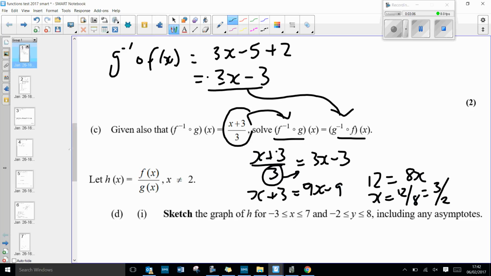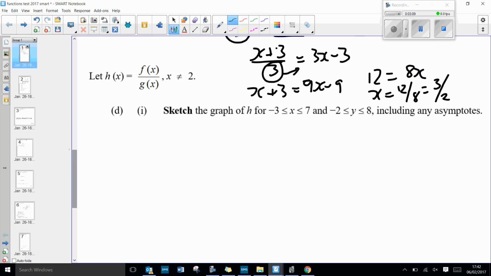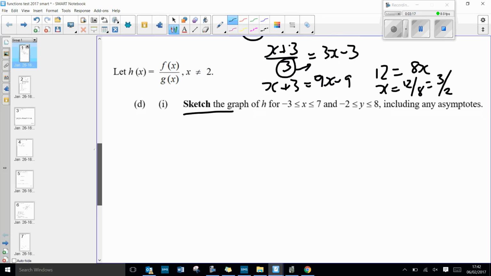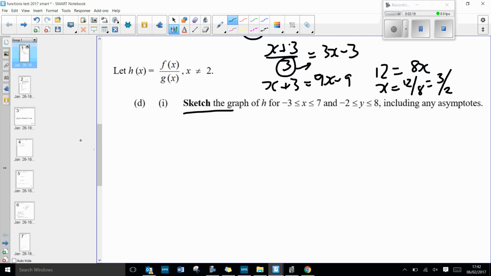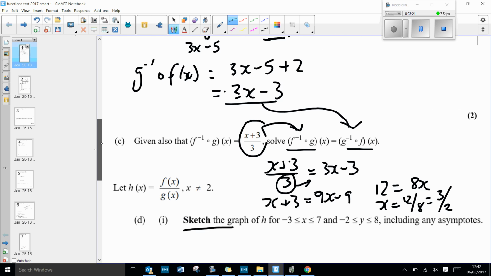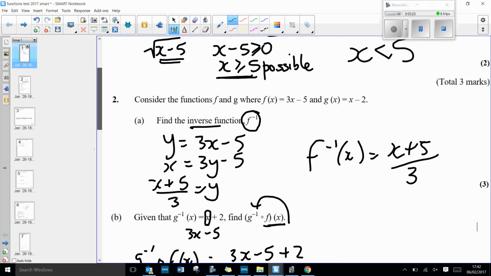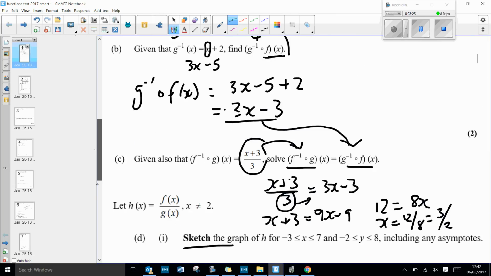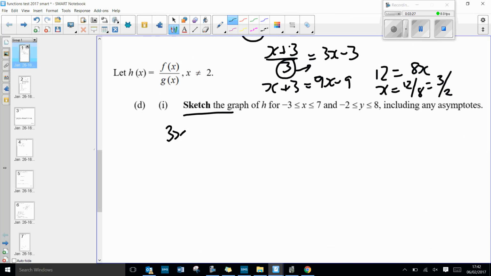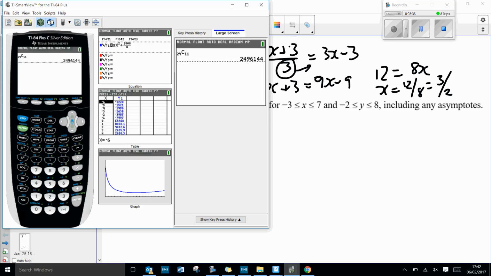Next one, we have to let h(x) equal f(x) over g(x), and we're sketching the graph. So it's f(x) over g(x), so 3x minus 5 over x minus 2. And literally we're just going to plug that into the calculator in y equals.